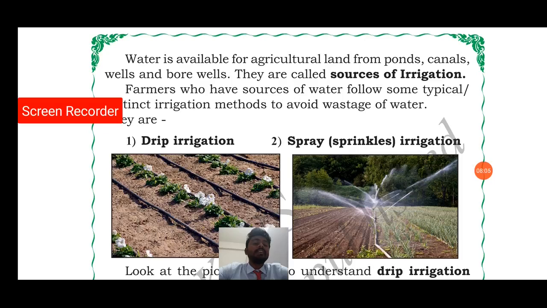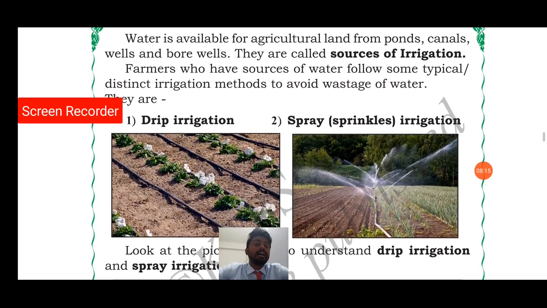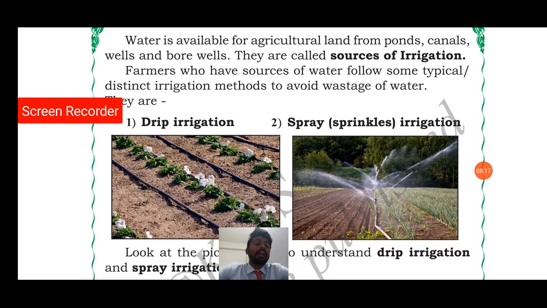So water is available for agricultural land from ponds, canals, wells, and borewells.